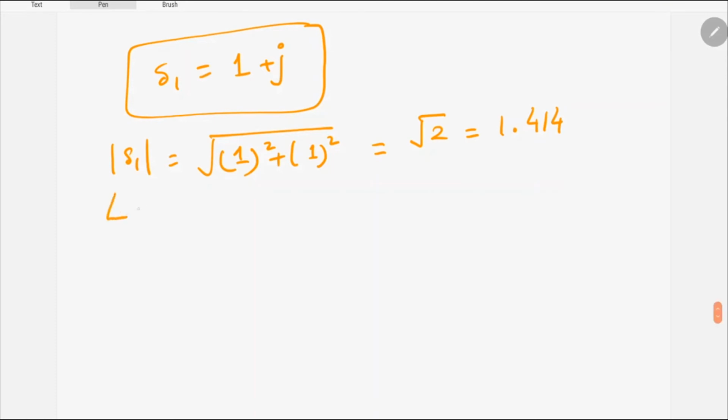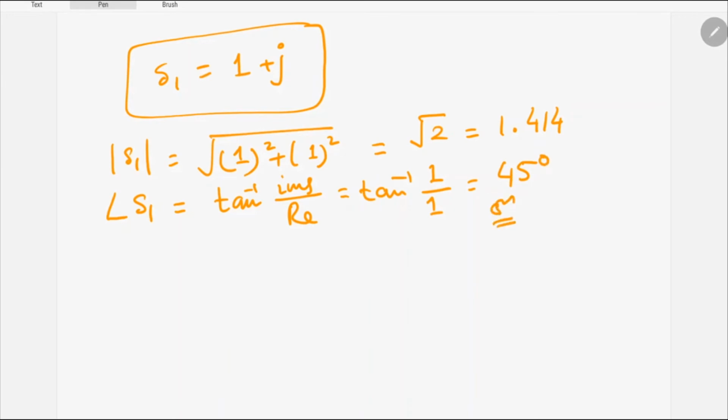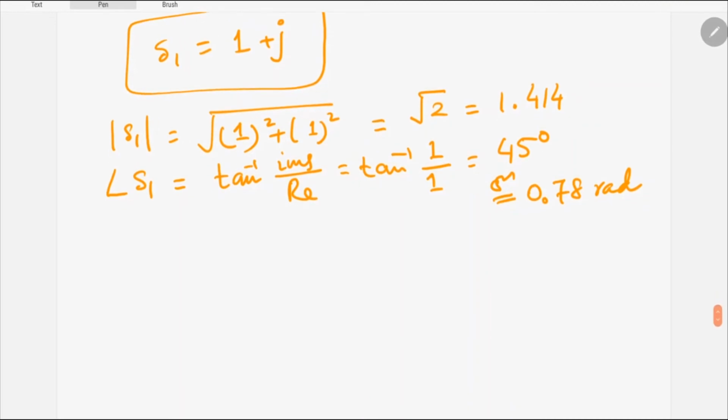If I take the angle of S1, it will be imaginary upon real, so it's a tangent inverse of 1 and 1, and tangent inverse of 1 is equal to 45 degrees, or 0.78 radians, right? So we have got this.